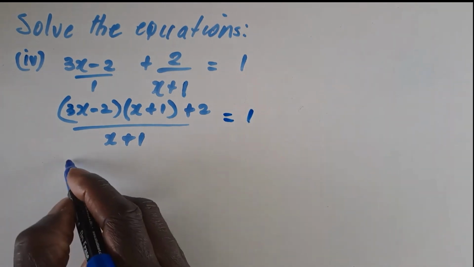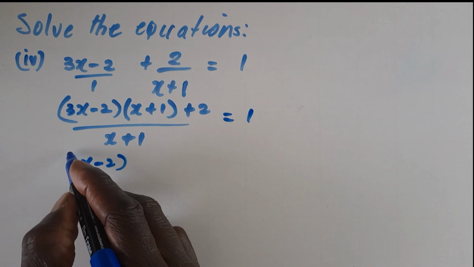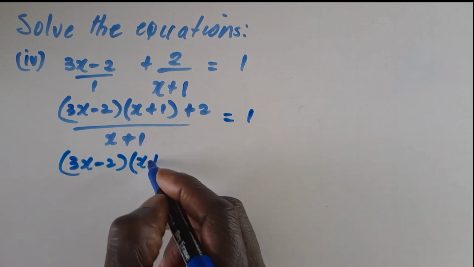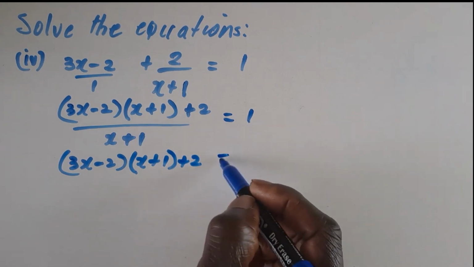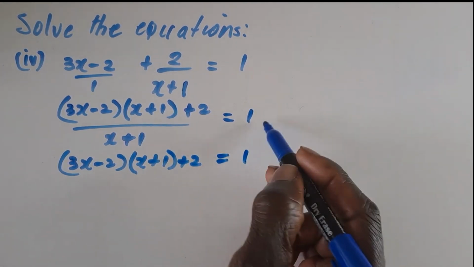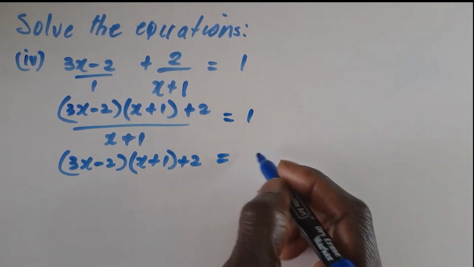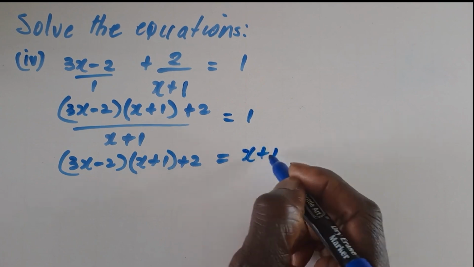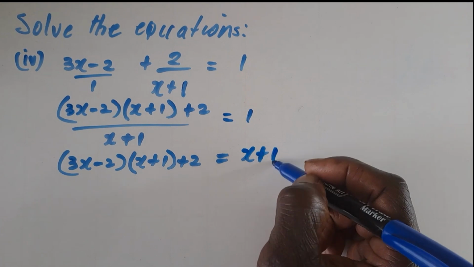So we can write that 3x minus 2 times x add 1, add 2, cross multiply here, now is equal to 1, because 1 over 1 is 1, so the numerator remains the same. x add 1 times 1 is x add 1.